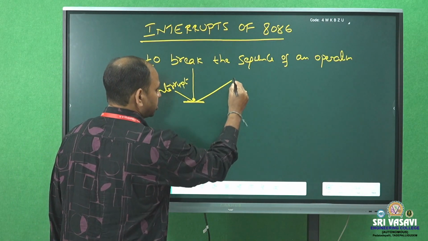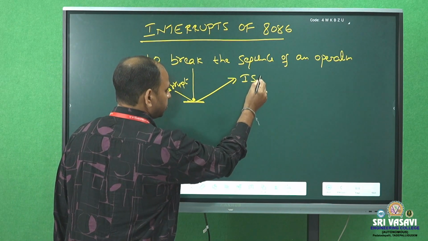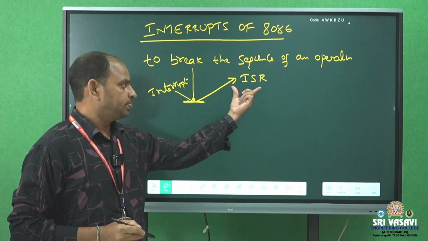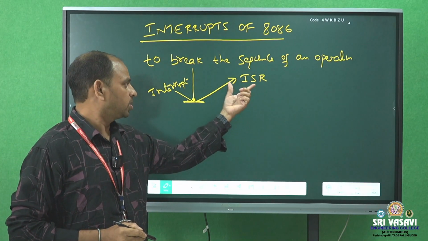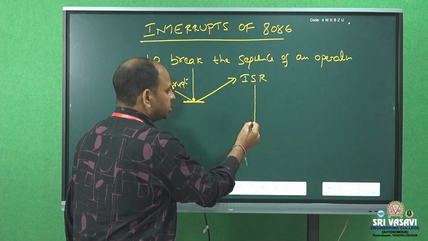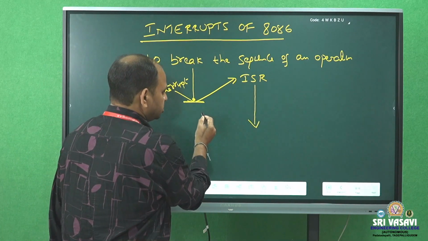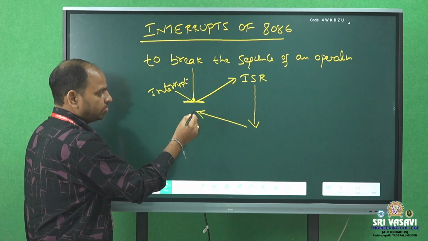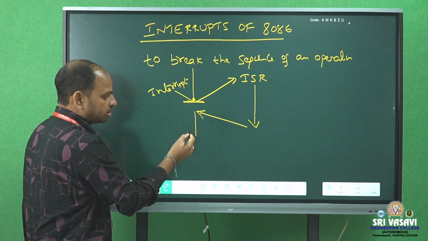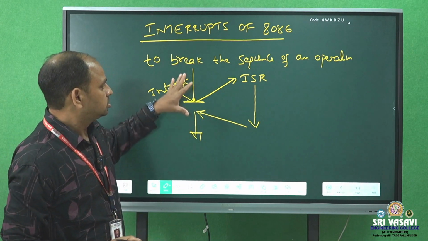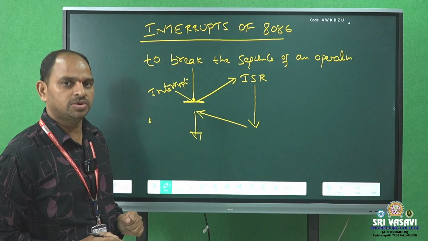It goes to another program called the interrupt service routine, simply called ISR. Once the ISR is executed, execution comes back to the main program, and the main program continues to execute. So this is called an interrupt.